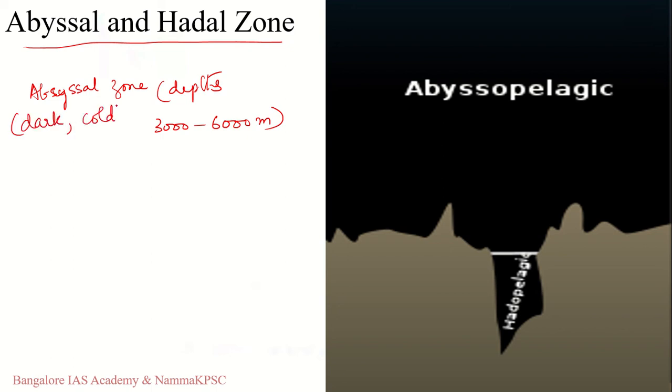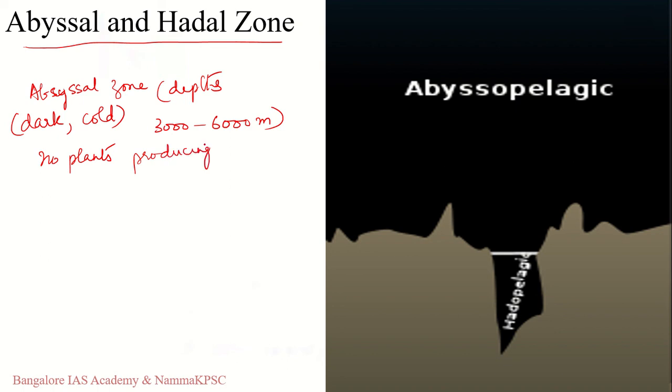You don't even have at least 1% of sunlight; you have no sunlight at all. It is always cold and always dark. Due to there being no light, there are no plants producing oxygen in these parts of a water body. This is known as the abyssal zone.